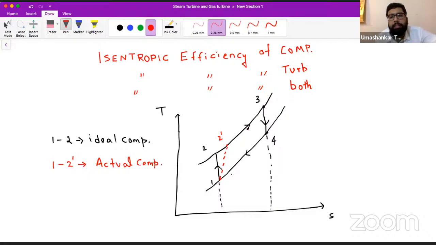In the same way, you have to include isentropic efficiency into the turbine part also. It will be associated with some losses.